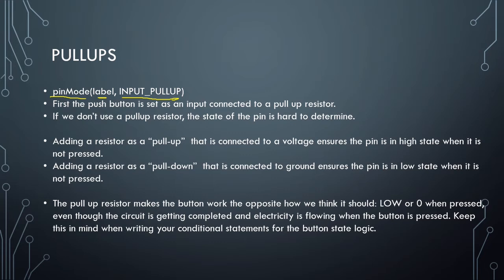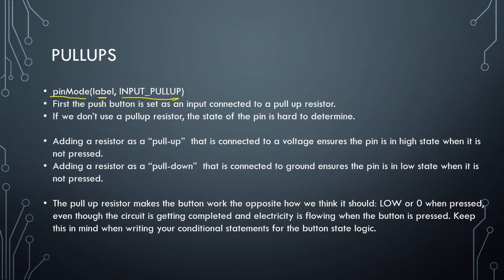The interesting thing about this is it makes the push button work the opposite of how you would imagine. So typically, we refer to our push buttons as either in a high or a low state, kind of like our LEDs. So if the push button is pushed, it's in a high state, is what you would assume. And if it's not being pushed, there's no current flowing through, or in an LED case, the LED would be off.